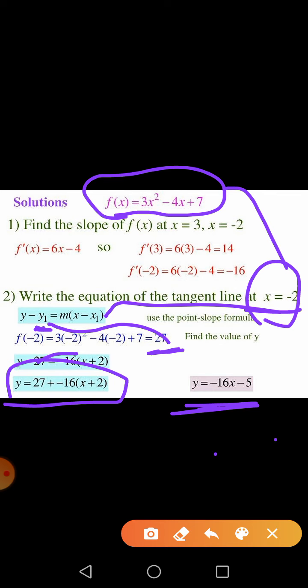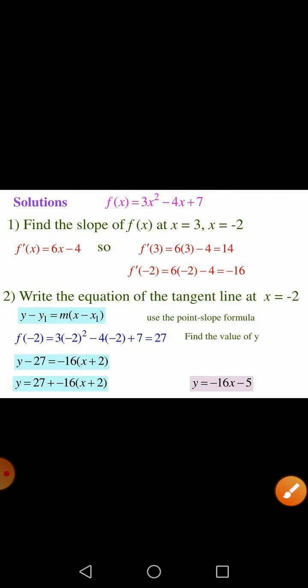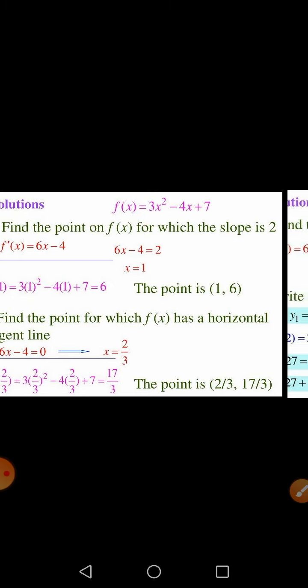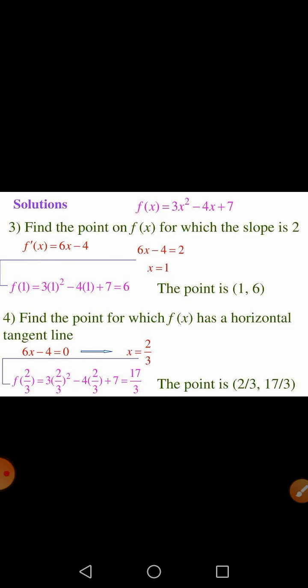Then you will get the equation like this. You got the concept here? Okay. What about this? Question 3. Find the point on f(x), which means the value of y, where the slope is 2. He told me the value of the slope is 2. You got the concept here?